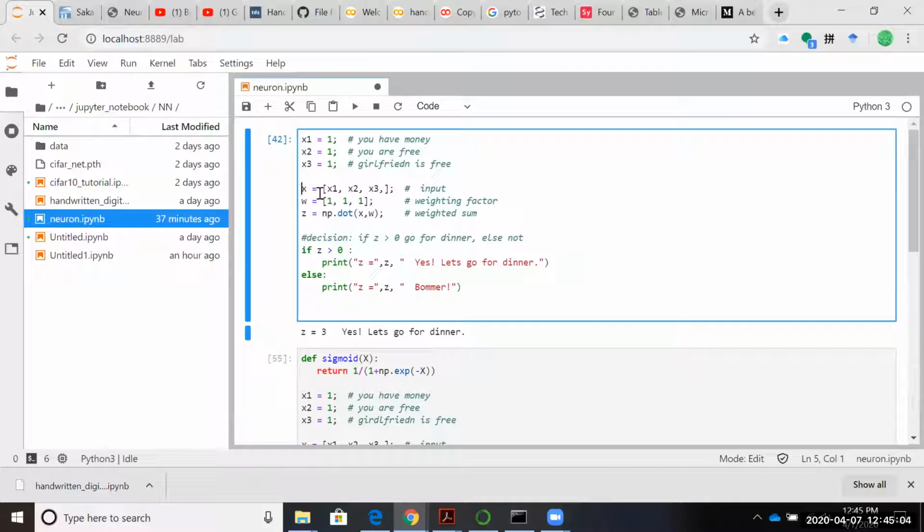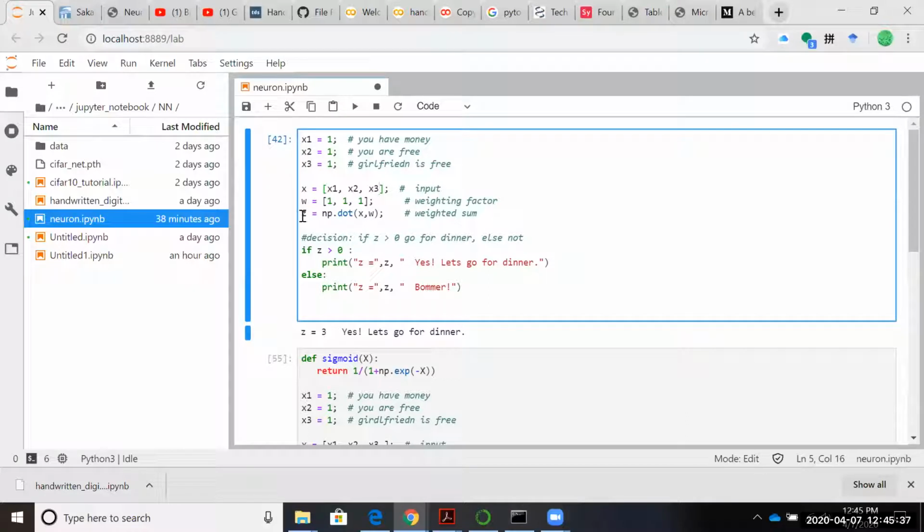The input parameters have to fit together to decide. The simplest thing is to take these three input parameters and make a weighted sum of them. Let's say the three conditions are equally important, so I have the weights 1, 1, 1, and this numpy dot simply takes the dot product of the two vectors.